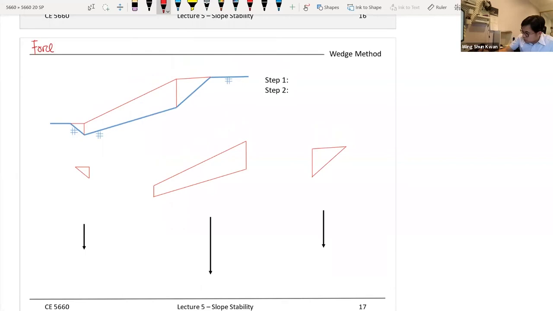Let me try to bring up my camera. Oh, come on. Okay.